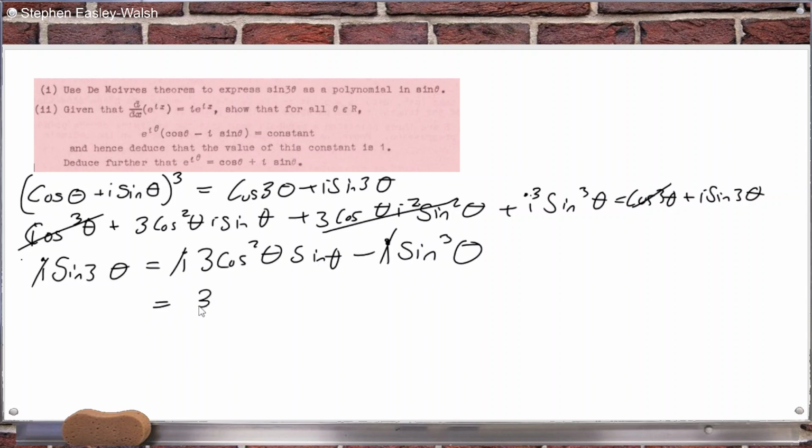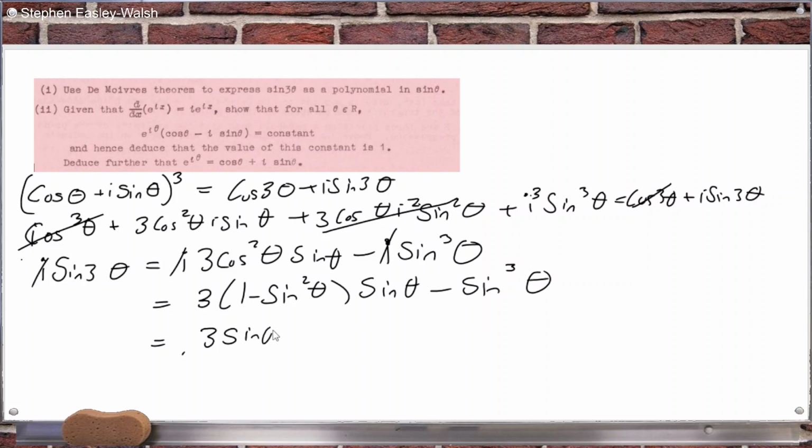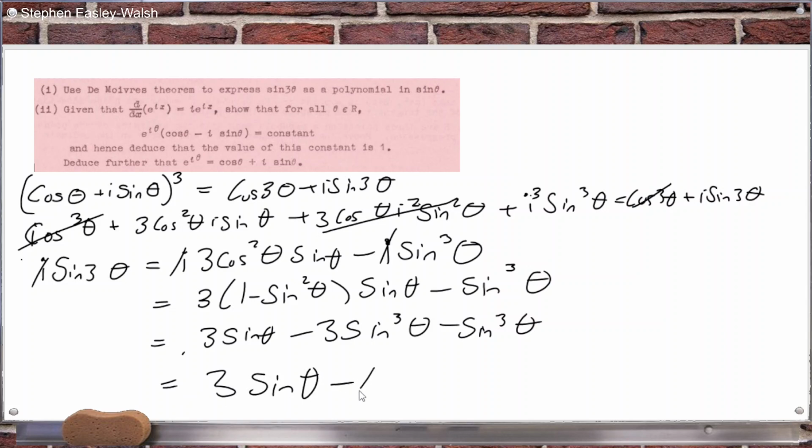So this would be 1 minus sine squared theta, times sine theta, minus sine cubed theta. So that's going to be 3 sine theta minus 3 sine cubed theta minus sine cubed theta. So the answer is 3 sine theta minus 4 sine cubed theta. So that's De Moivre's theorem for sine 3 theta.